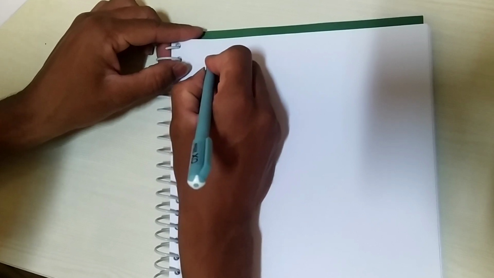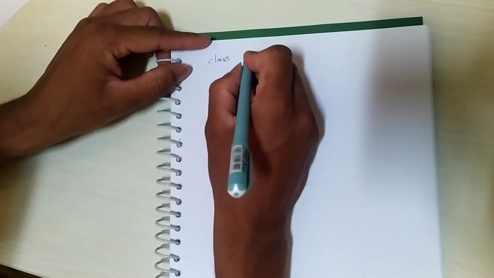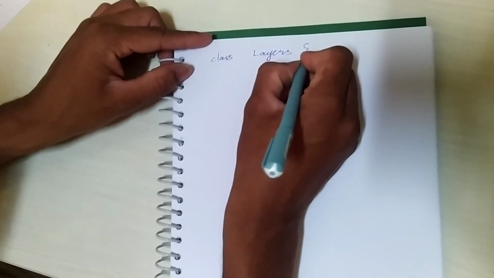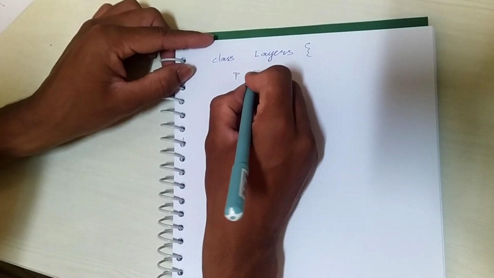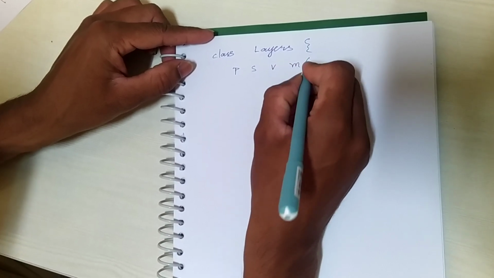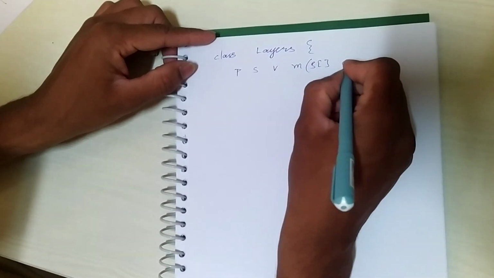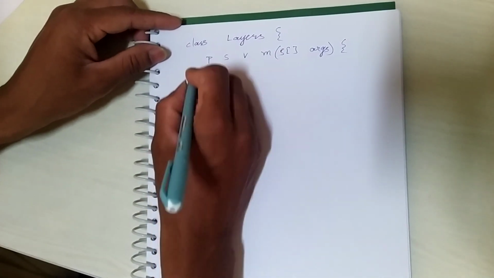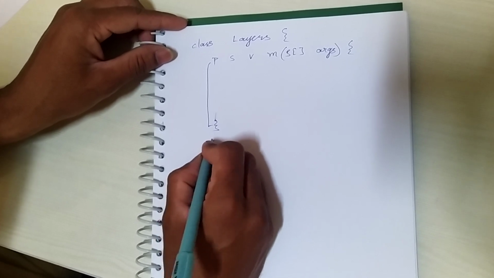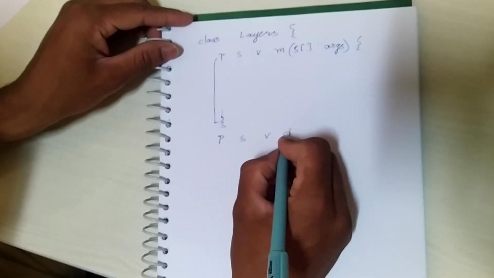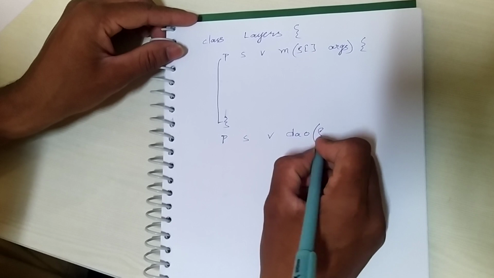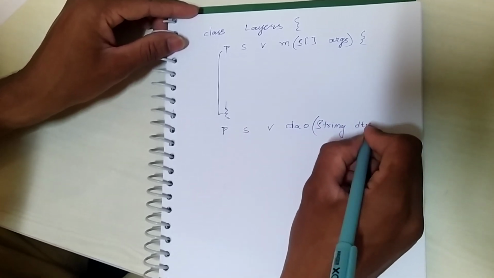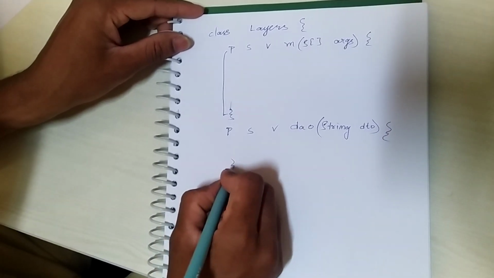Let us take an example class, Layers. In this we'll have the main method, public static void main, String args, and one method, public static void dao, with one argument, which is DTO.